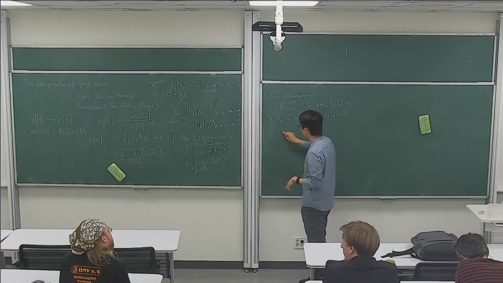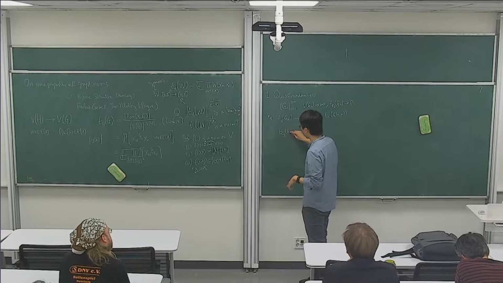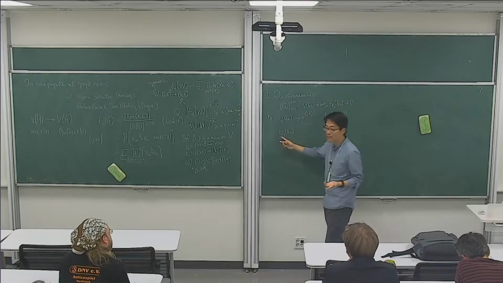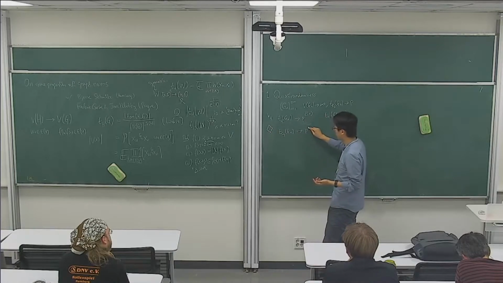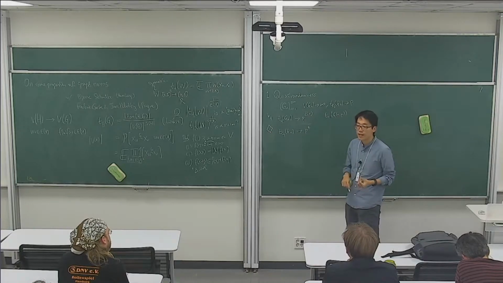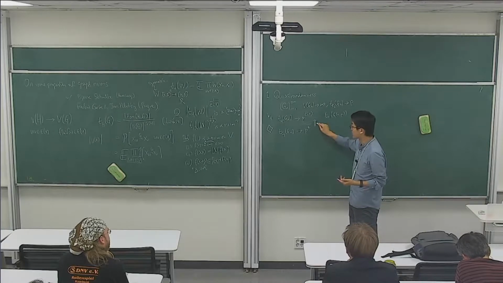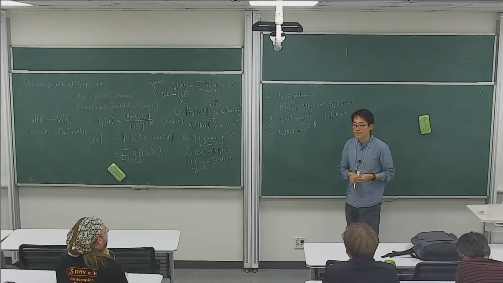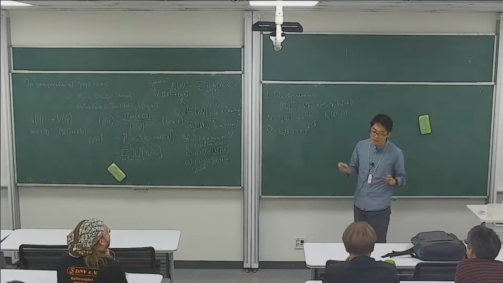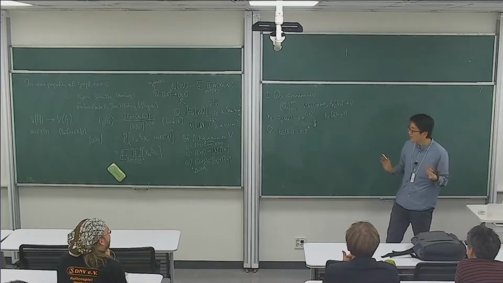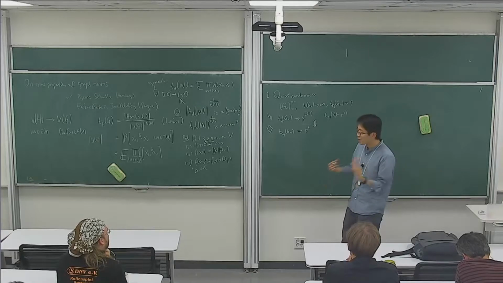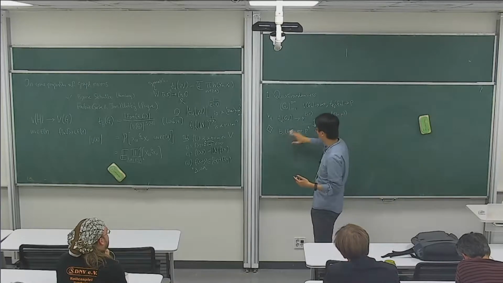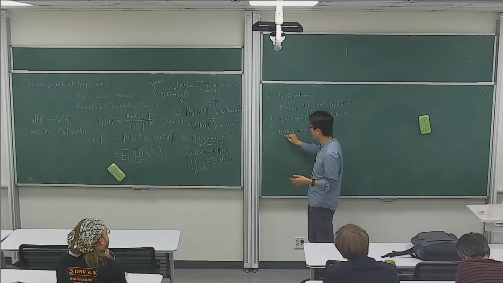For example, if I take the four-cycle, and this converges to p to the 4, then it's actually equivalent. At first glance, it sounds quite surprising. And what's more surprising is that we can actually replace this C4 by any even cycle.